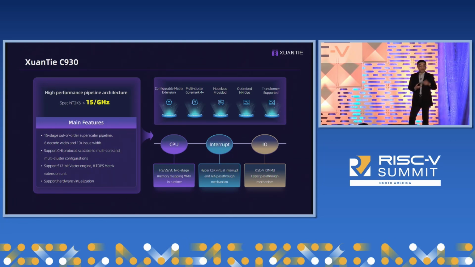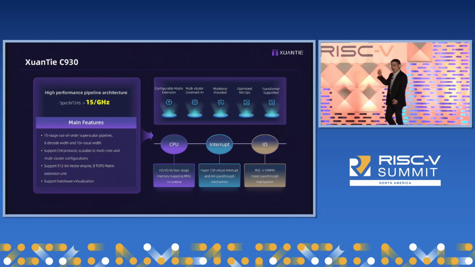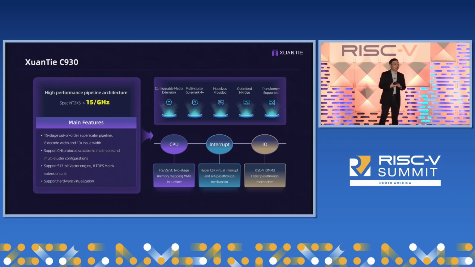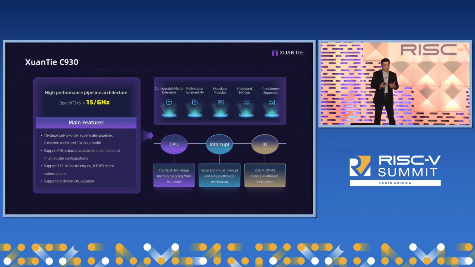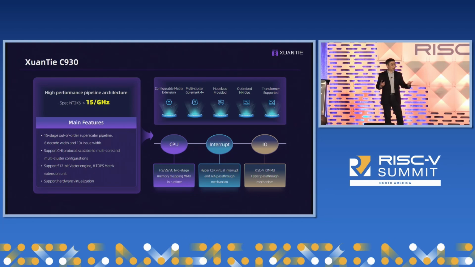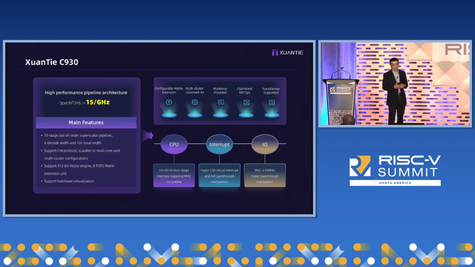Its performance is 15 per gigahertz, and if you look at the main features, it's a 15-stage out-of-order superscalar pipeline, and there are lots of features you can read on the right, including the matrix extensions, and at the bottom you see the memory control improvements, real-time in the CPUs, in the interrupt, and also in the I/O hypervisor pass-through as well.